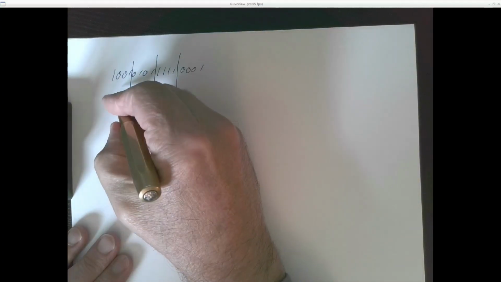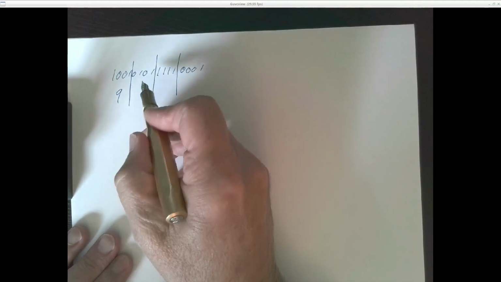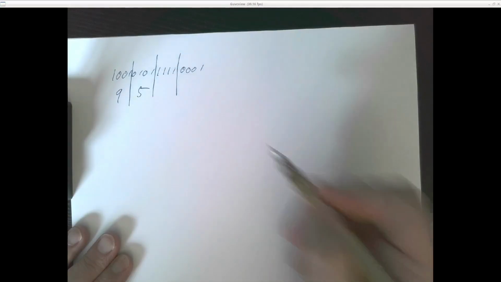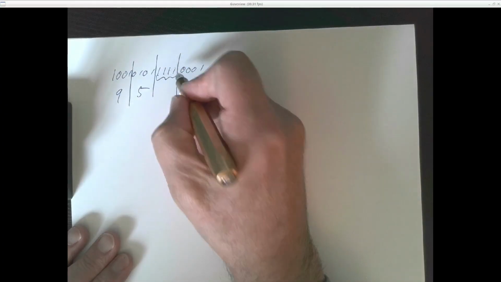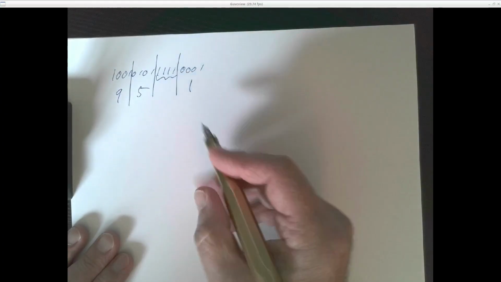And we write a digit for each of those groups of 4, and the digit is just the number we get if we take this and convert it from binary into decimal. So this is 8 plus 1 is a 9. This is 4 plus 1 is a 5. This is 0 plus 0 plus 0 plus 1 is a 1. But this one over here, 8 plus 4 plus 2 plus 1, this would be 15.